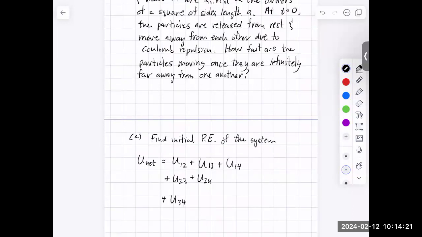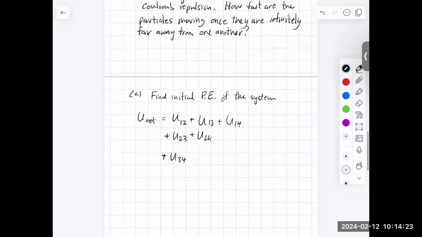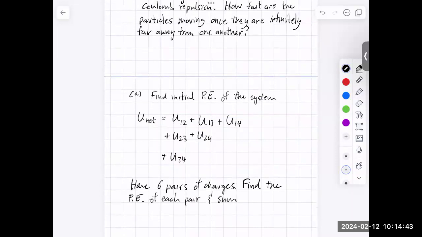So we have 6 pairs of charges. We're going to find the potential energy of each pair and then sum to get U net.